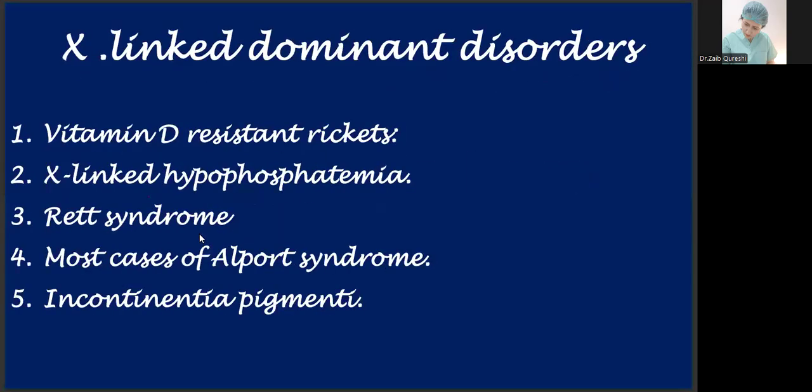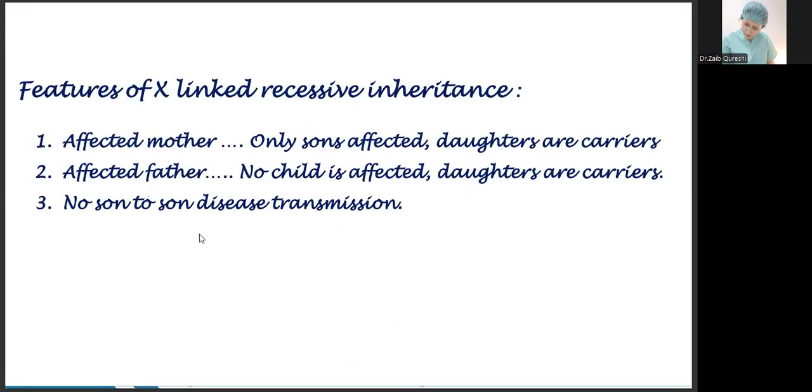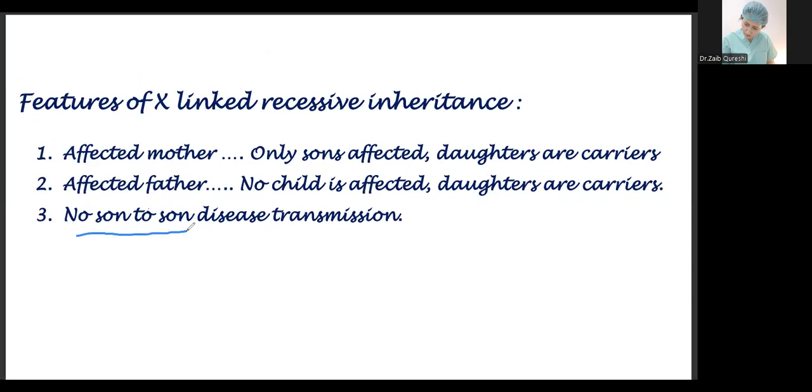In X-linked recessive inheritance, we studied that there is no son to son disease transmission. So I want you to use your brain and tell me why there is no son to son disease transmission. You just discussed this.